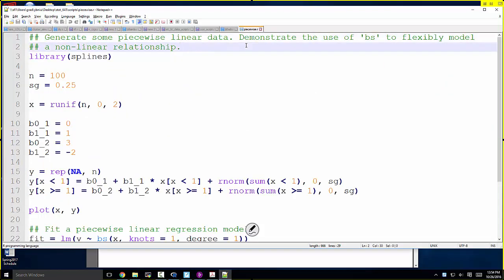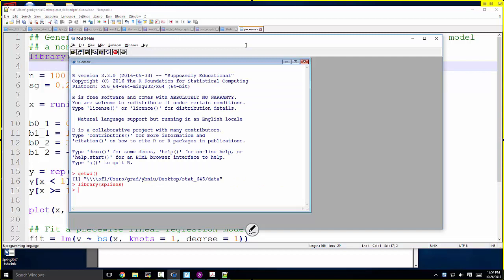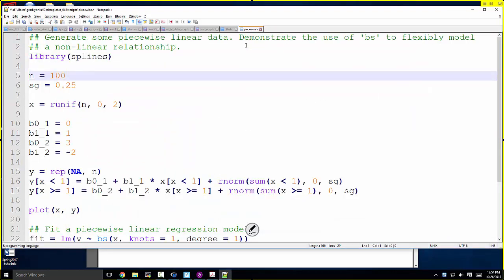Okay, so here is piecewise.r, and we're going to simulate some data. I need a package called splines because we're going to use a tool called a spline to allow for curvy relationships in a model. So let's make sure this is installed. Okay. And I'm going to simulate some data.